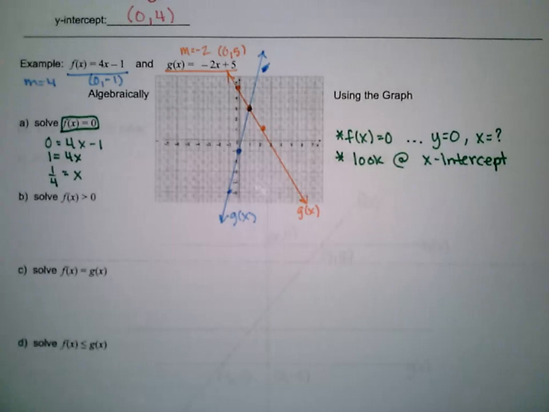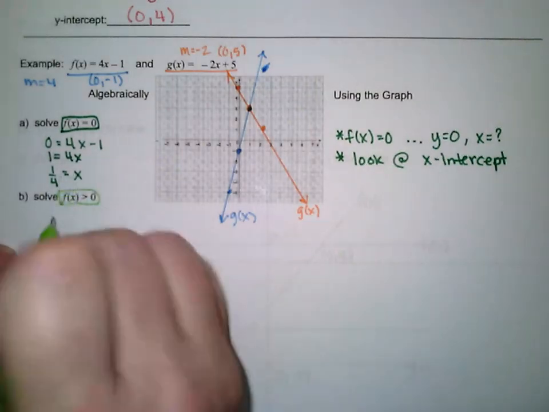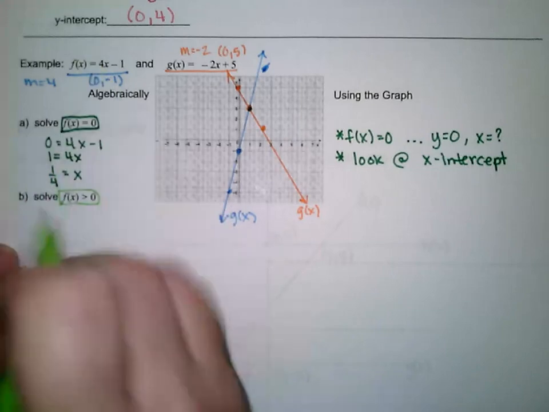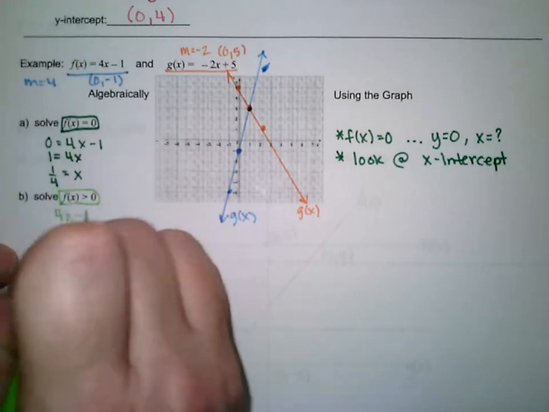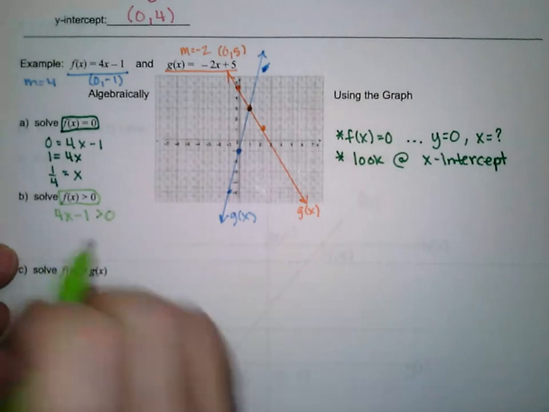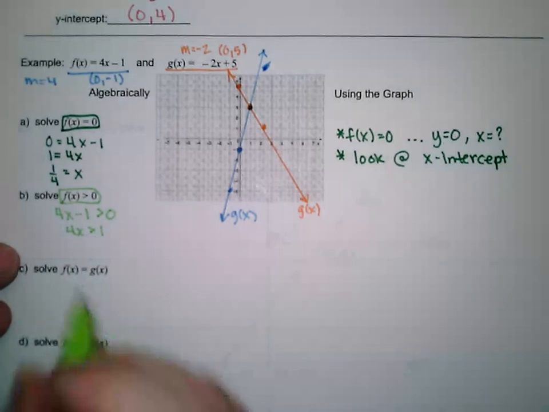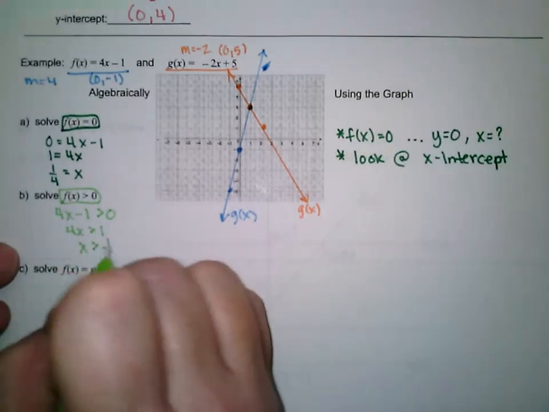Okay, what does it mean for f of x to be greater than 0? Algebraically, that's pretty easy. We take our function f of x, 4x minus 1, and we set it greater than 0. We solve that, so add your 1 over. 4x is greater than 1. Divide by 4. X is greater than 1/4.